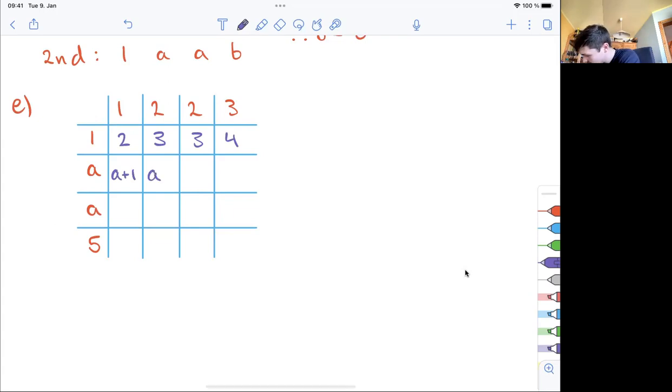Then this can be A plus 2, A plus 2, and then A plus 3. Equally, then this line is going to be exactly the same. A plus 2, and then A plus 3. And then lastly, we can put in 6, 7, 7, and 8.